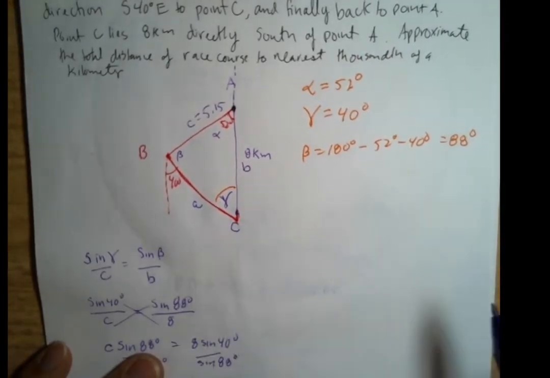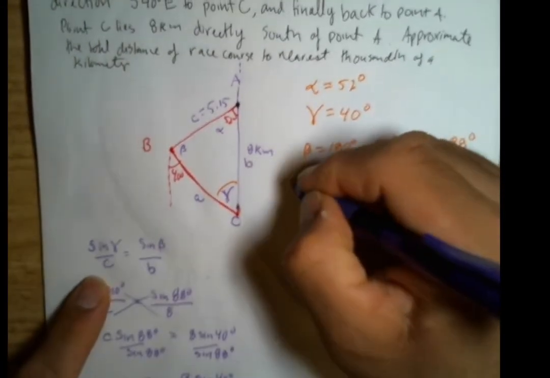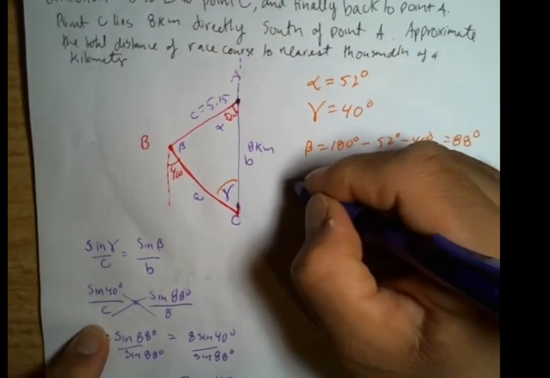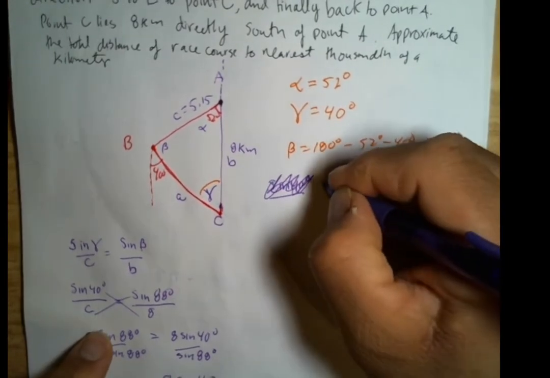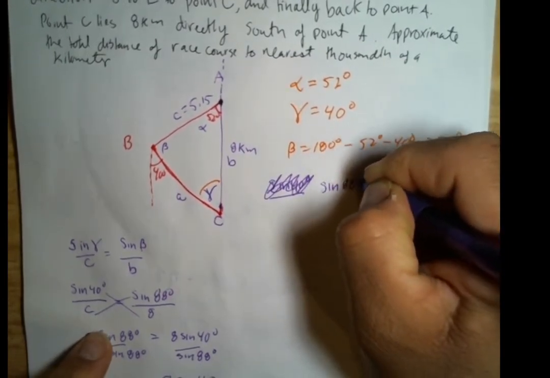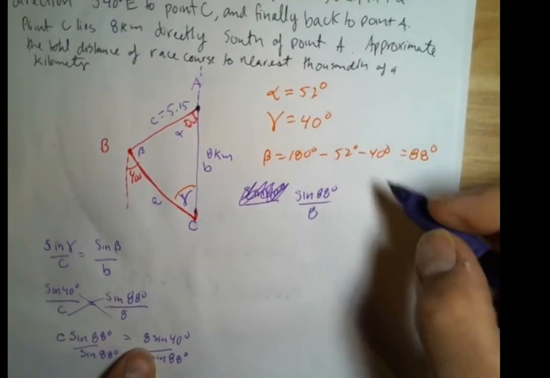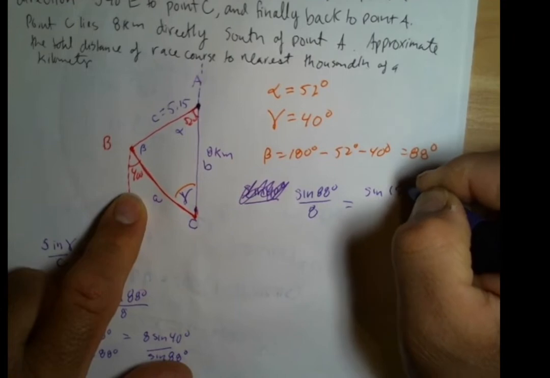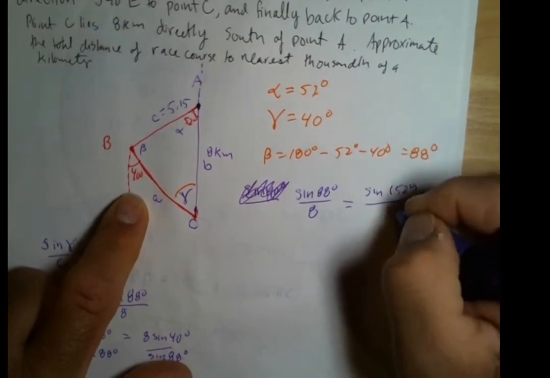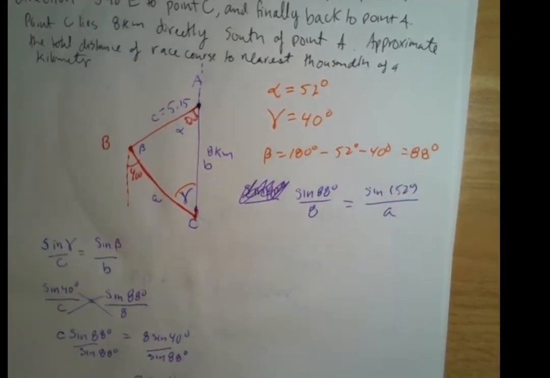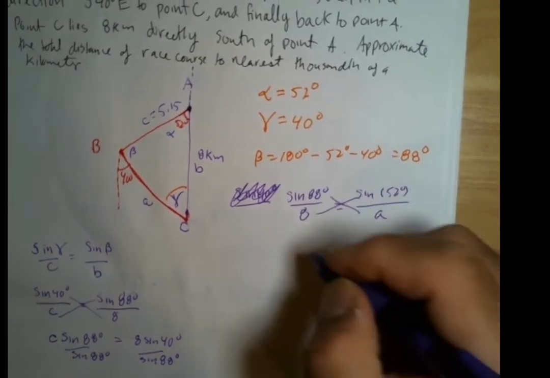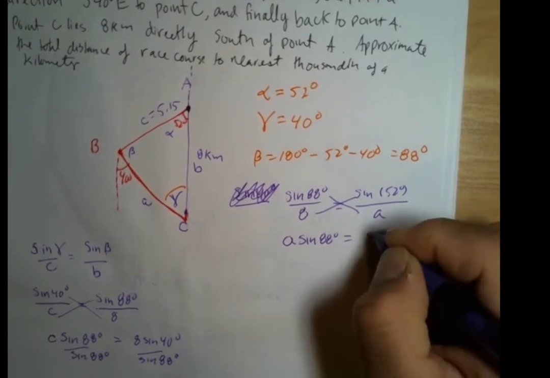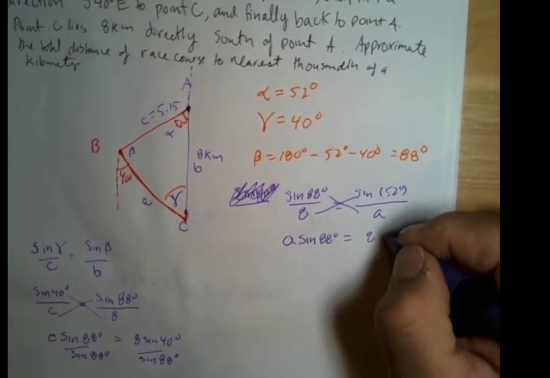Now let's focus on side a. I'll still use the ratio with beta, the one that we originally found: sine 88 degrees over 8. To find side a, we have sine of 52 degrees over a. Same story, cross multiply. So a sine of 88 degrees equals 8 sine of 52 degrees.